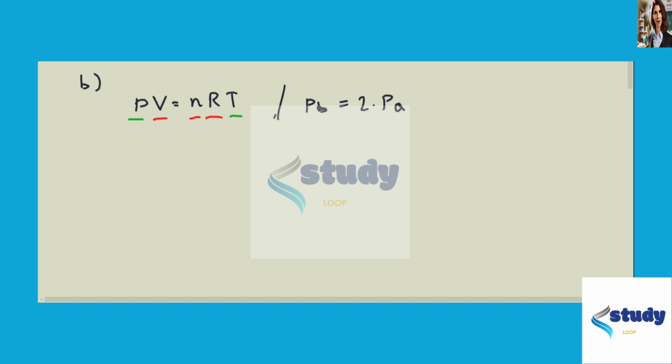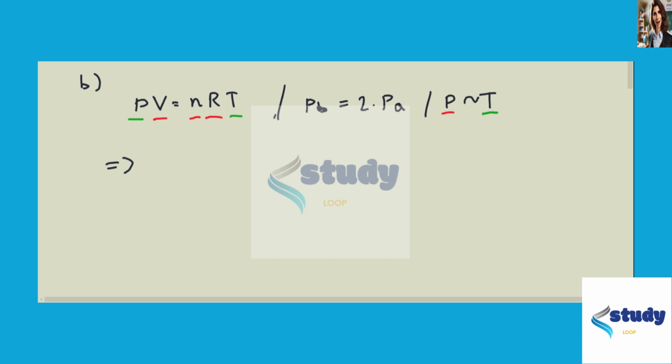And since at point B, the pressure is 2 times larger than at point A, which we can, of course, write down as PB equals 2 times PA, and since pressure is directly proportional to temperature, anytime we have this kind of direct proportionality, if one variable, like pressure in this case, goes 2 times, 3 times, 4 times its magnitude, then its proportional variable will also go 2 times, 3 times, or other times, depending on how many times it is increased.